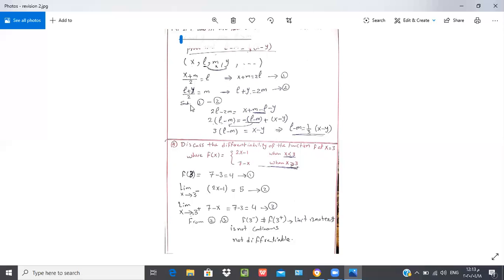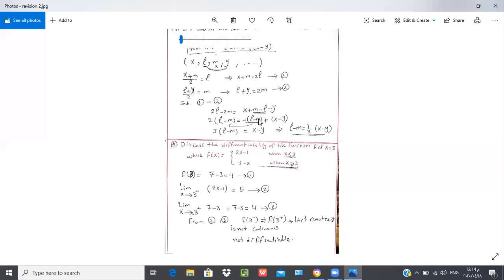If I subtract 1 minus 2, we get 2L minus 2M equals X plus M minus L minus Y. Here I need L minus M, not M minus L. So I will take these two terms and take negative 1 as a highest common factor and open a bracket. It will be L positive and M negative.